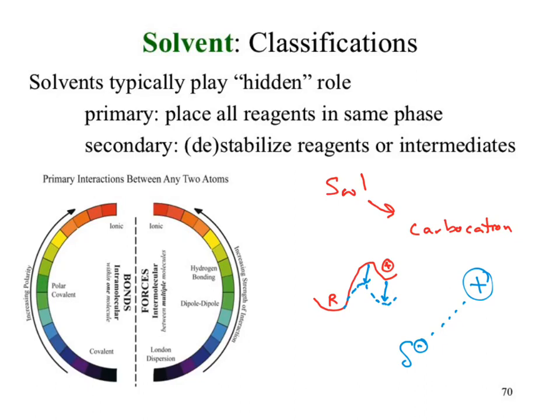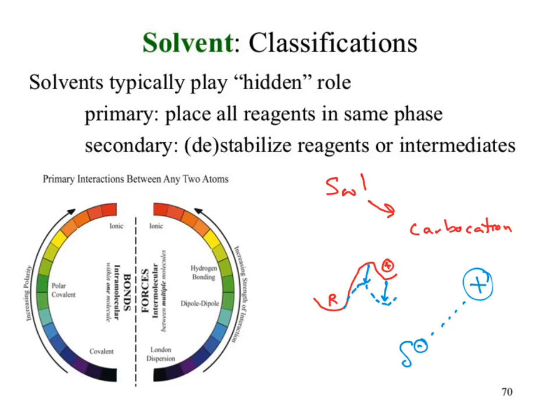And we broke those down into 3 primary categories. We could get away with just calling it protic because protic will always be polar. Okay, the next one, polar as well, but now aprotic. And the last one, nonpolar.